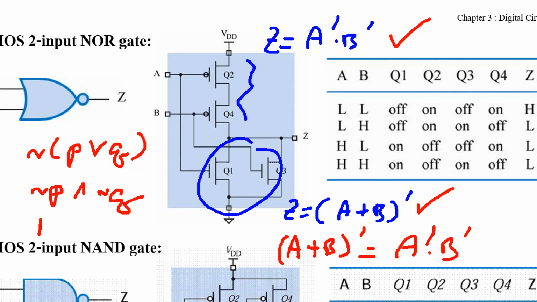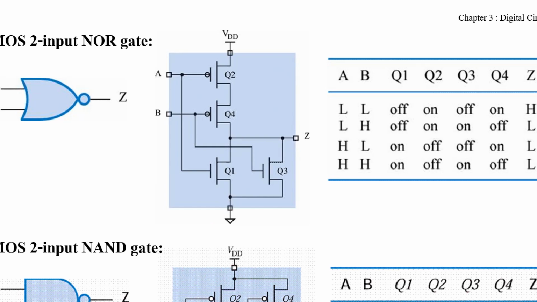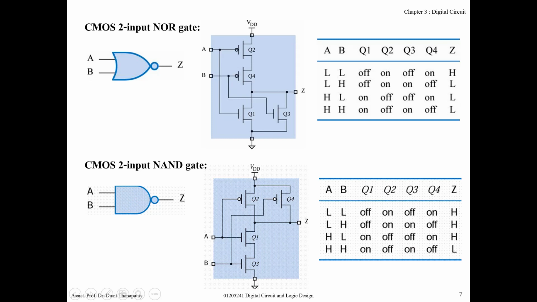Actually, this one is De Morgan's theorem. So if you use this method to analyze, you will obtain the function certainly, faster and more easily, in mathematical form.